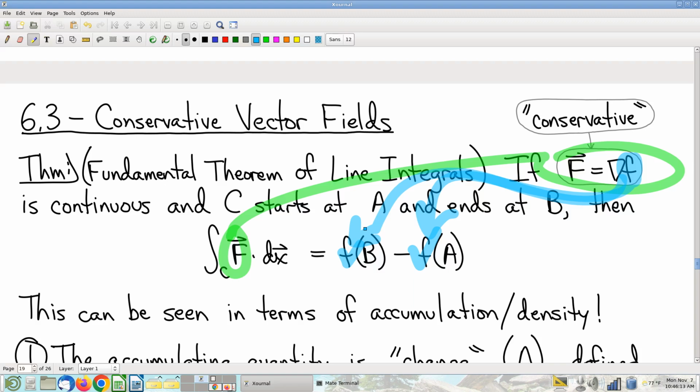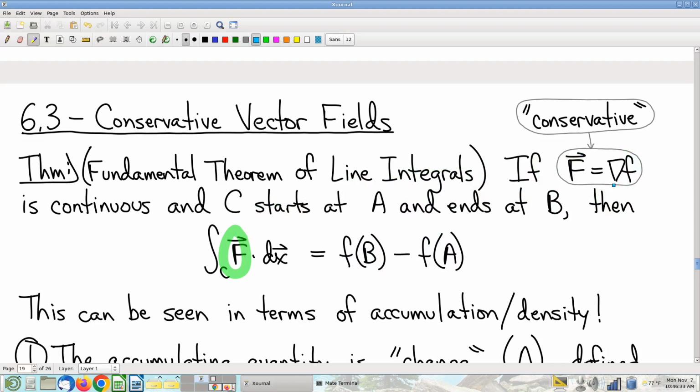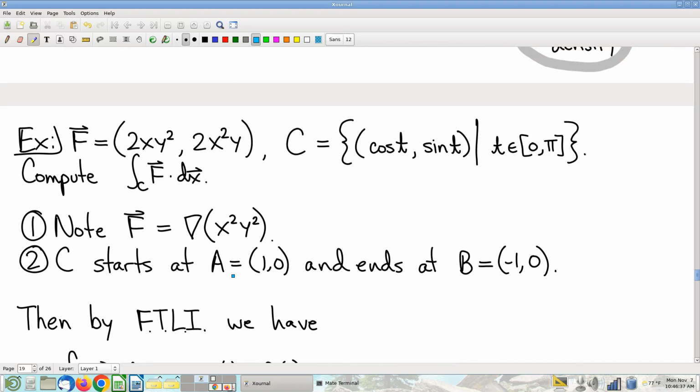It's that there is no right-hand side. There's no theorem at all if F isn't a gradient. All right, is everybody with me? So again, this is very important: you only use this theorem if your vector field is a gradient.